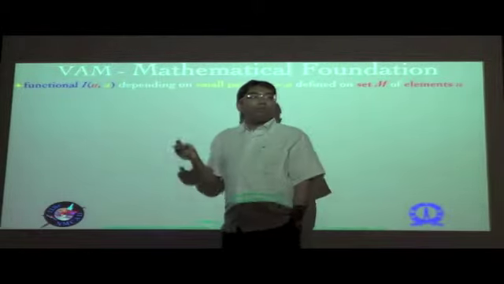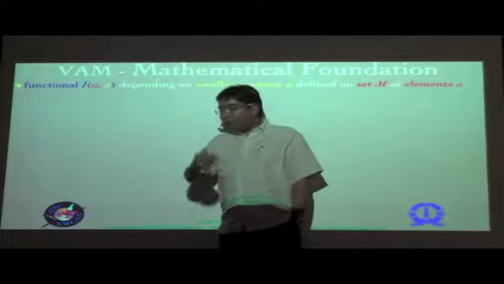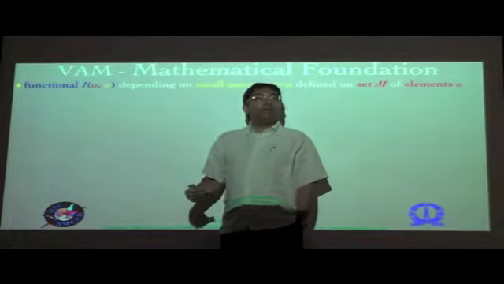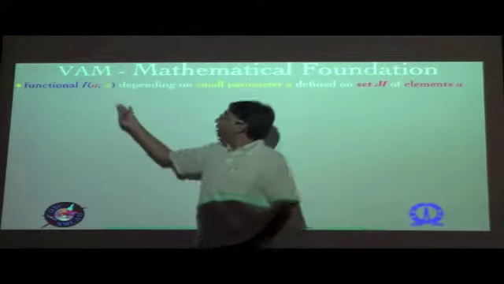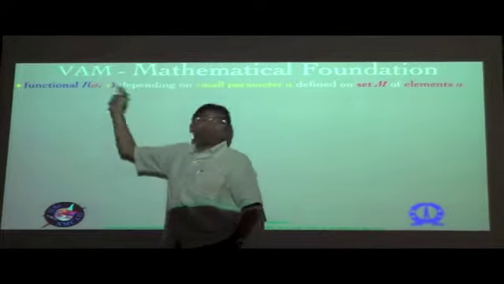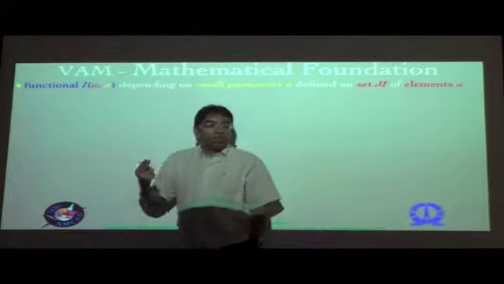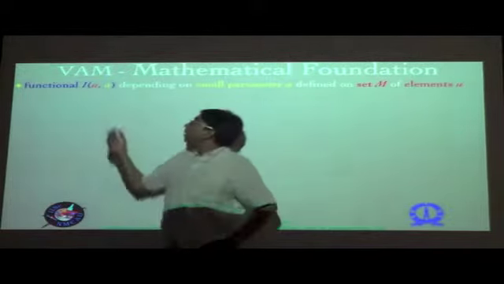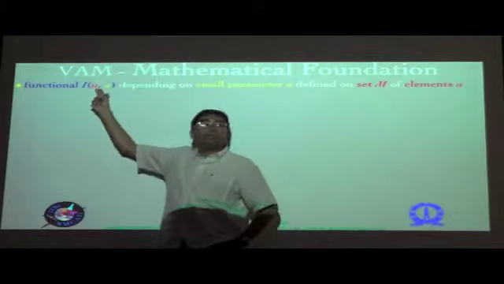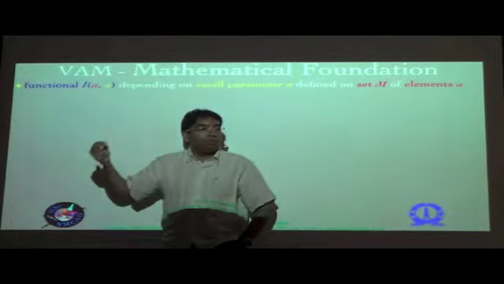But this functional, different from a general sense of a function, in our specific case we are interested in the subclass of functionals where a small parameter can be identified within the functional definition itself. So for example, this could be the strain energy of the beam, and the strain energy would depend on the three-dimensional displacement field of the beam.